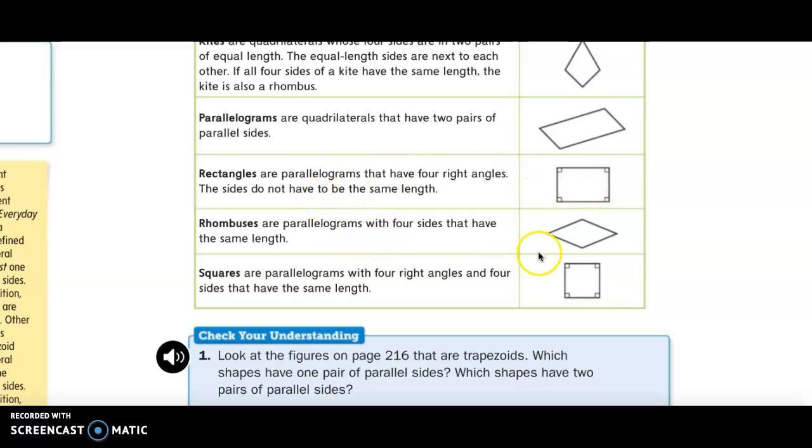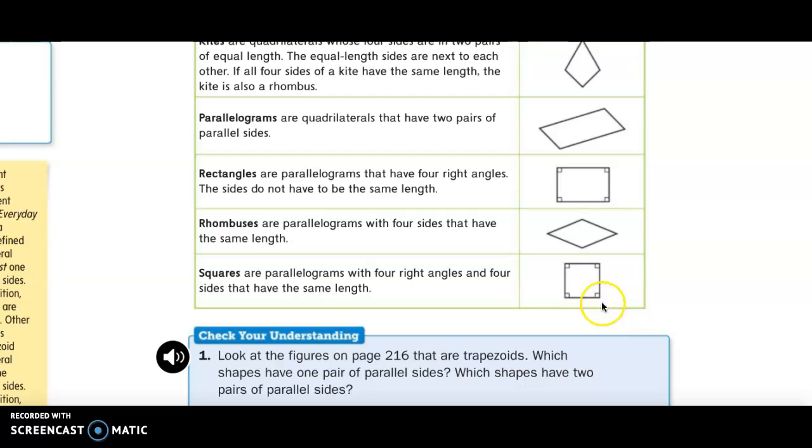Rhombuses are parallelograms. Look, both opposite sides do not touch each other if we draw a line straight. Rhombuses are parallelograms with 4 sides that have the same length. Look at this side, and this side, and this side, and this side are all exactly the same length. The only difference that a square has is that they are parallelograms.